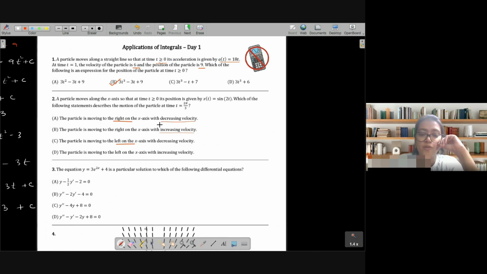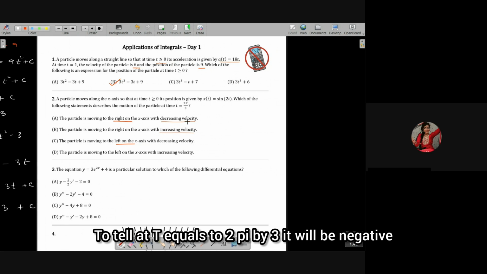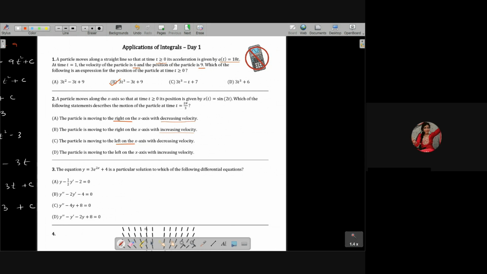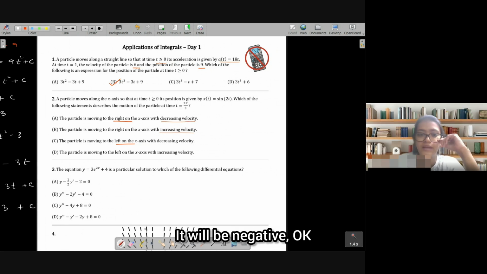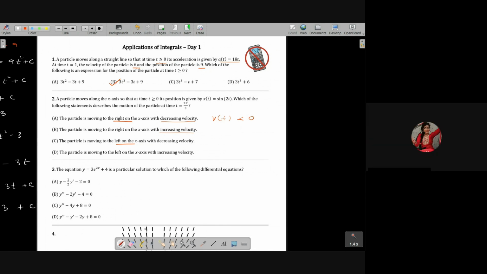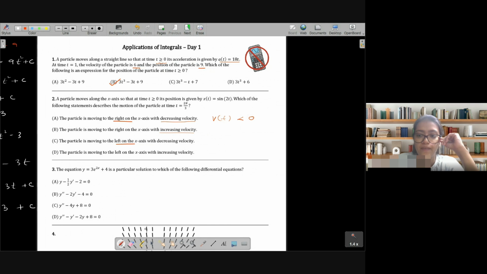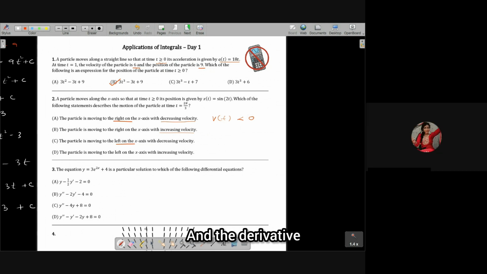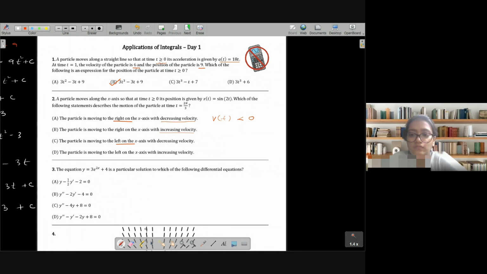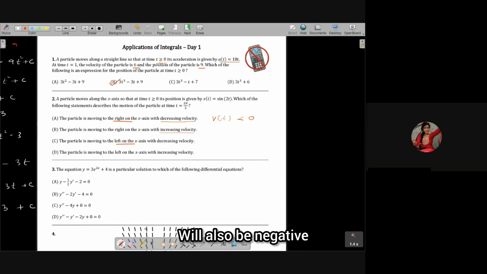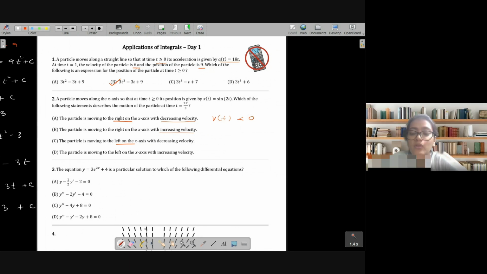At t equals 2 pi by 3, it'll be negative. The derivative, which would be 2 cos of 2t, will also be negative.